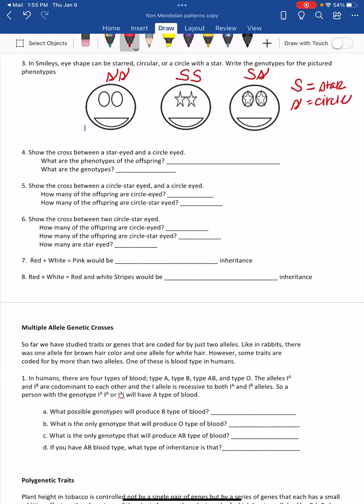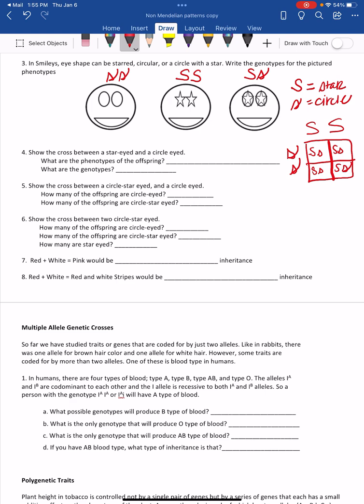Big S equals star, little s equals circle. All right. So here in number 4, it says show a cross between a star-eyed and a circle eye. It just wants you to make a Punnett square. So a star eye, you're going to have big S, big S. A circle eye, you're going to have little s, little s. And you would complete that. What are the phenotypes of the offspring?